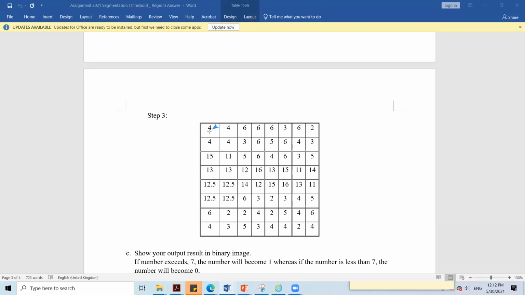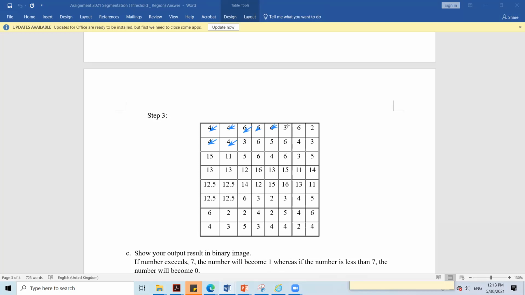Let's say we start from here. This one similar or not? Similar, right? Let's say we put less than 2. Or here the example shows the output result less than 7. Okay, you can put less than 3 or 2. Then this one similar, right? Let's say less than 3. Similar, right?